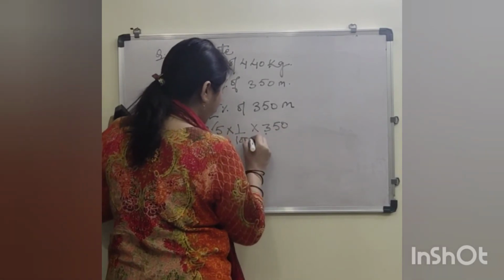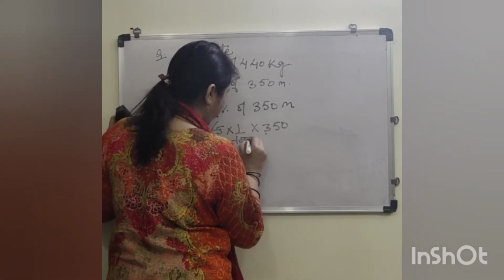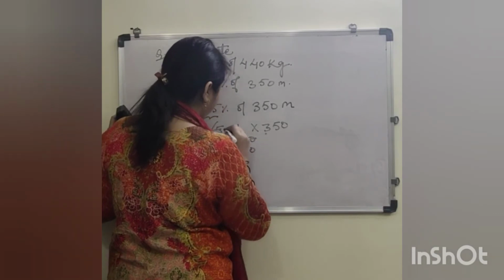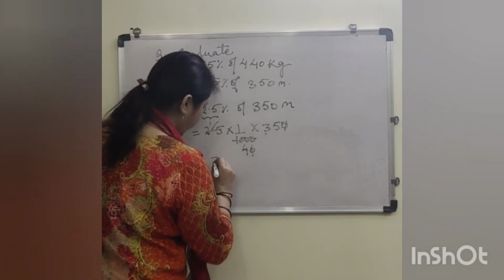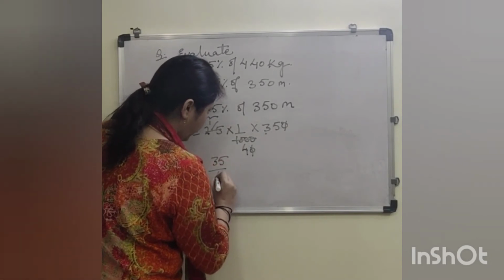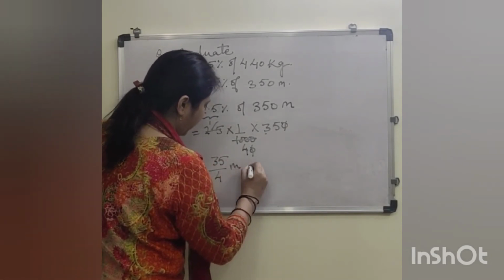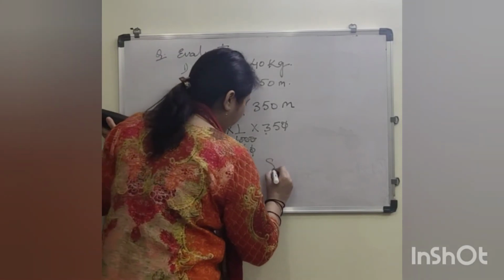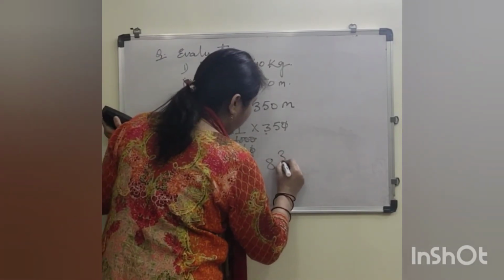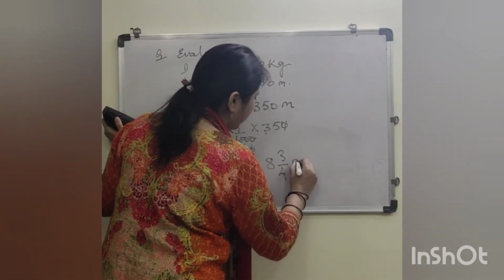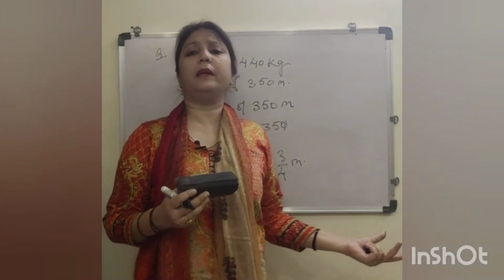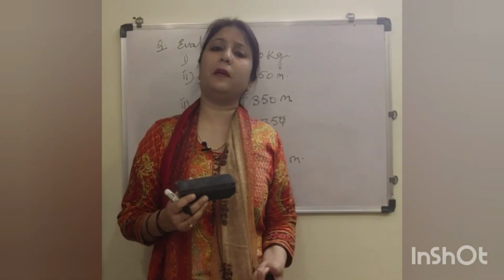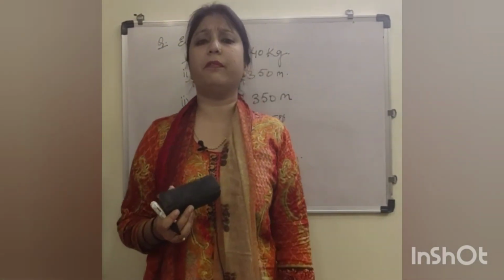Remove decimal, increase 0. It is 40. Fine. How much is it? 35 over 4 meter. That is 8 whole 3 by 4 meter. So simple. We have calculated and it is easy to calculate. So percentage is not a very difficult topic.